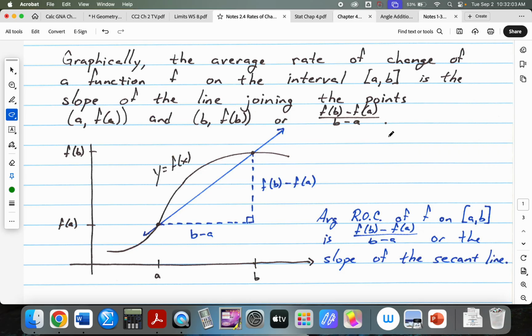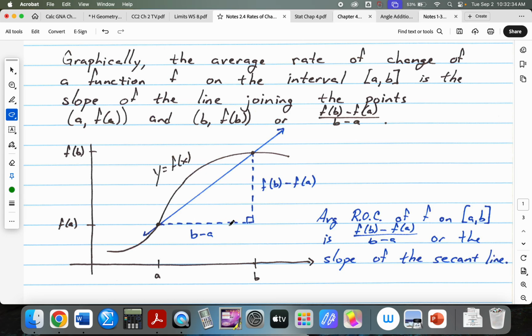Okay, so graphically what's happening is this. If you have a function, y is equal to f of x, and you find the point b, f of b and the point a, f of a, this distance is going to be f of b minus f of a. And this distance is going to be b minus a.